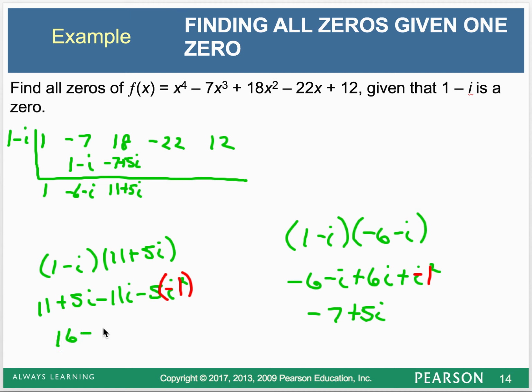Goes right here now, 16 minus 6i. So when I bring this down, let's see, what's that? -6 minus 6i.